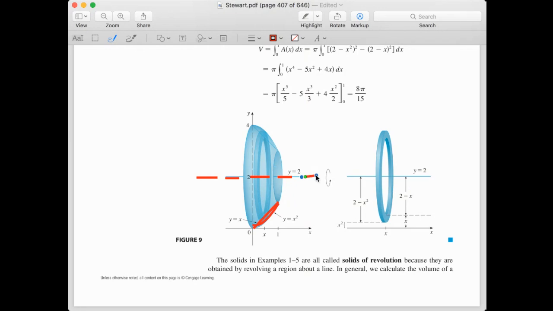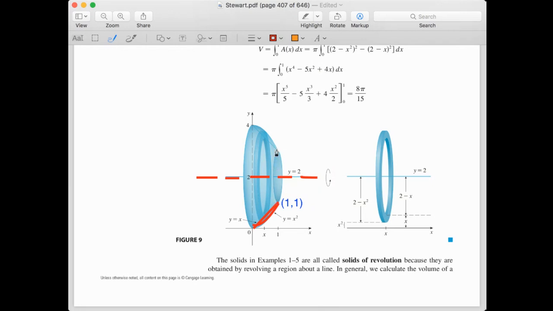So we want to rotate it, which means we get a symmetric piece. Here we also have y equals x squared. This point is the point (1, 1). This is 1, this is 2.